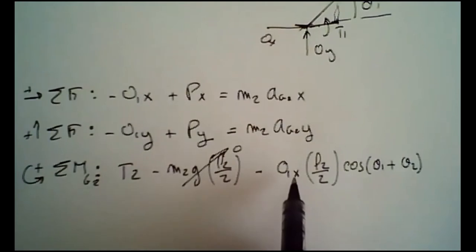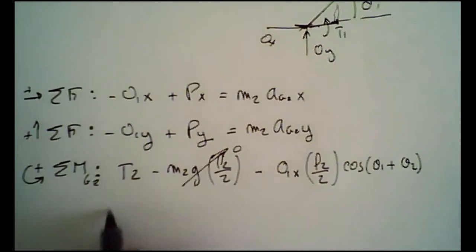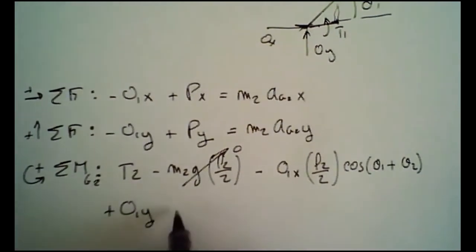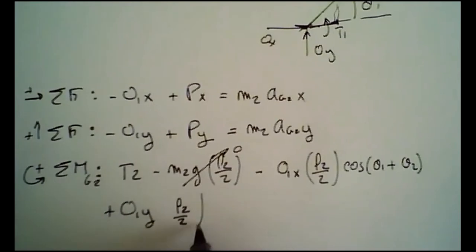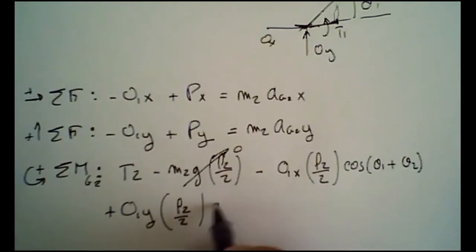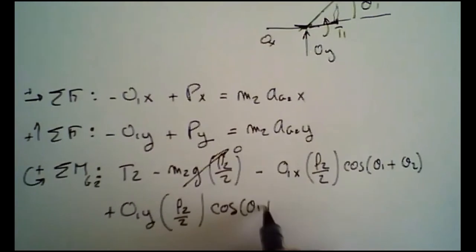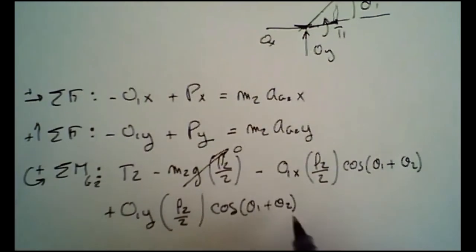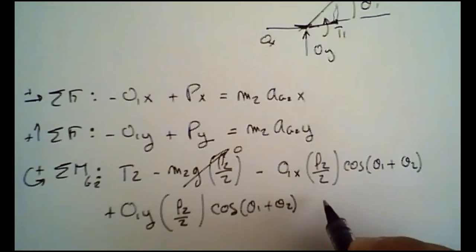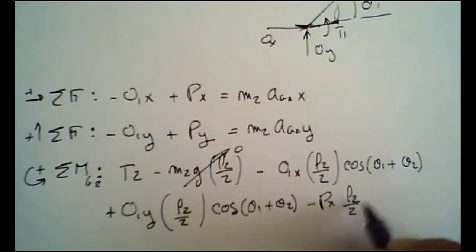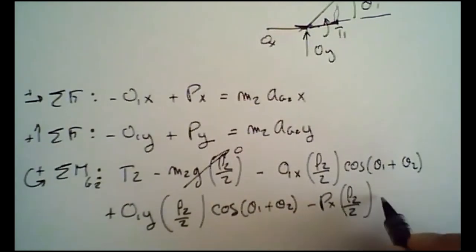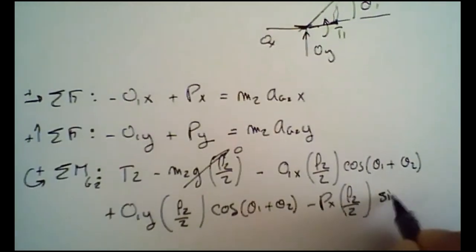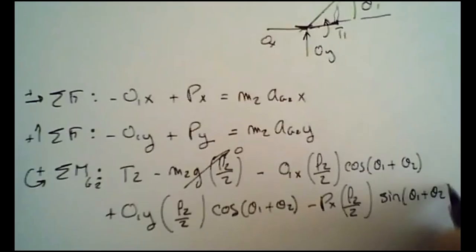So this is my O1x. O1y will actually create a positive moment, O1y multiplied by L2 over 2 cosine theta 1 plus theta 2, and then we have Px. Px is creating a negative moment, so Px L2 over 2 multiplied by sine theta 1 plus theta 2.